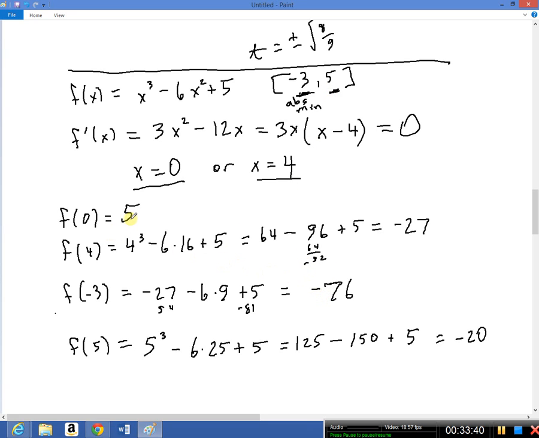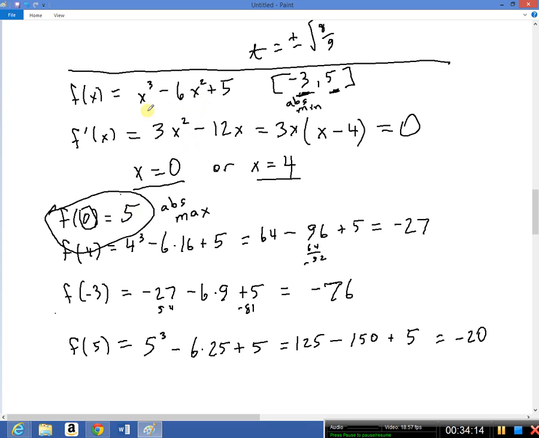Looks like the biggest that this thing gets is at 0. No, sorry, 0 is going to be our absolute max. Okay, so our conclusion is that the absolute min is at x equal to negative 3. And at x equal to 0, we have our absolute max.